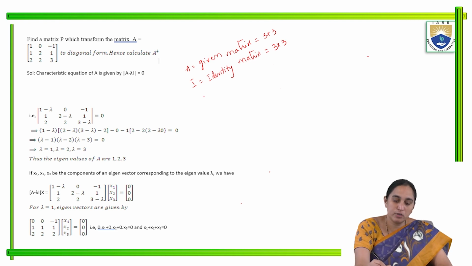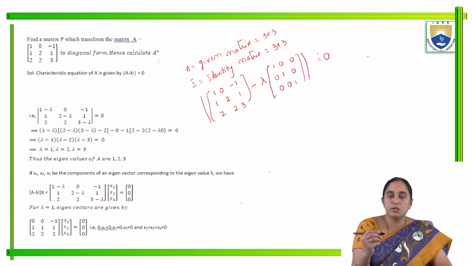Here the given matrix is [1 0 -1; 1 2 1; 2 2 3] minus lambda into the identity matrix of 3 by 3, that is [1 0 0; 0 1 0; 0 0 1], is equal to 0.